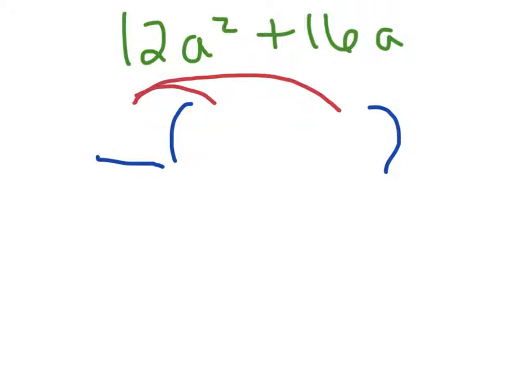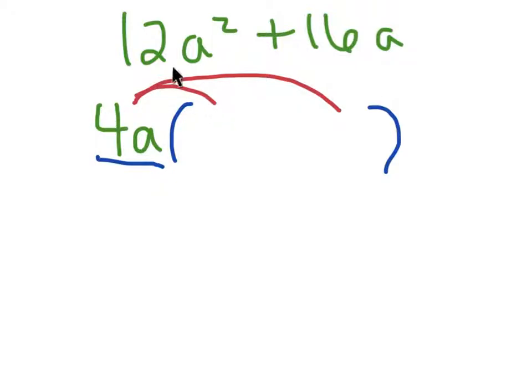Well, their GCF for the numbers is 4. And if you look at their a's, each of them has at least one a. So we're going to put an a on the outside. Now, if for distributing, we passed out the 4a, for factoring, we're going to take it back.